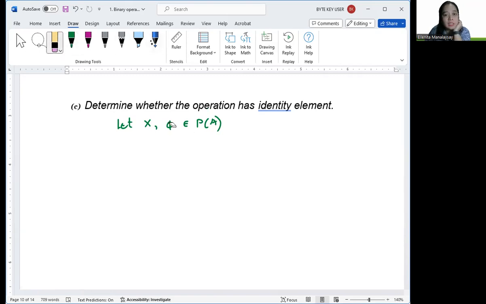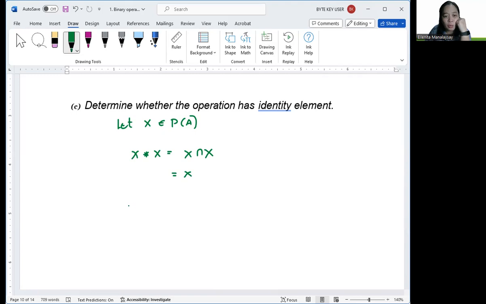Oh, it's not a null set. I think the identity element is x itself. Let x be in the power set of A. Then x star x is equal to x intersection x, and the intersection of x and x is equal to x itself. So I'm trying to say now that x itself is the identity element.